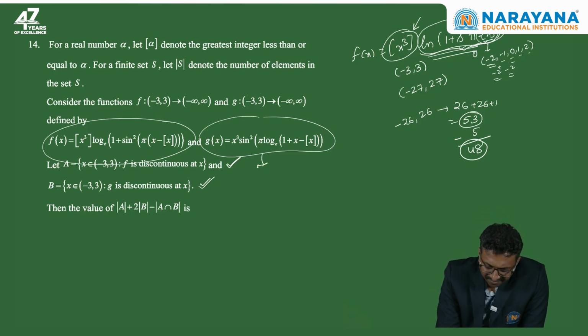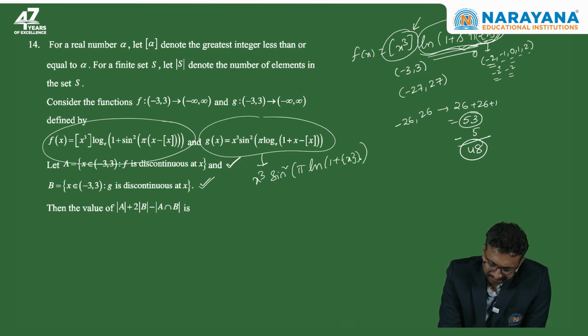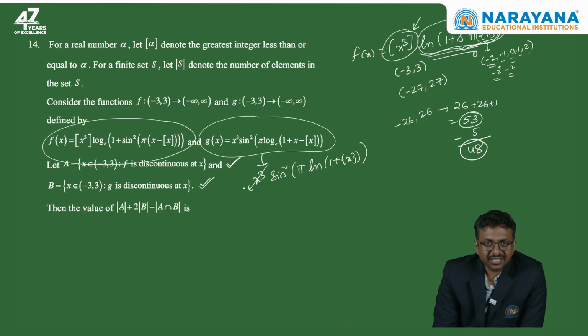Next, if you go to the second function, which is x cube into sine square of pi times ln 1 plus fractional part of x. So x cube is always continuous.